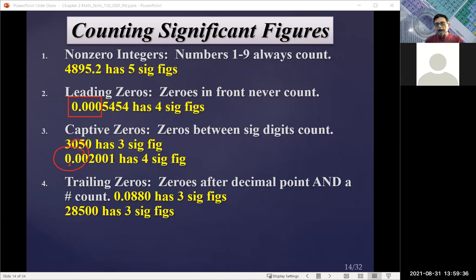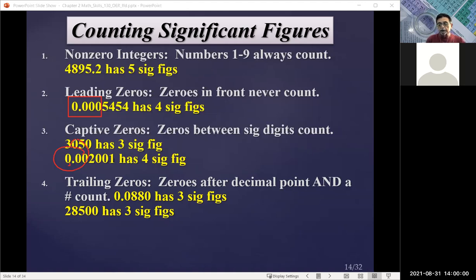First question: is there an integer in front of those zeros? If the answer is yes, then maybe it's significant. The second question: is there a decimal point anywhere in that number? If the answer is yes, then those zeros count. If the answer is no for either of those 2 questions, those zeros don't count.